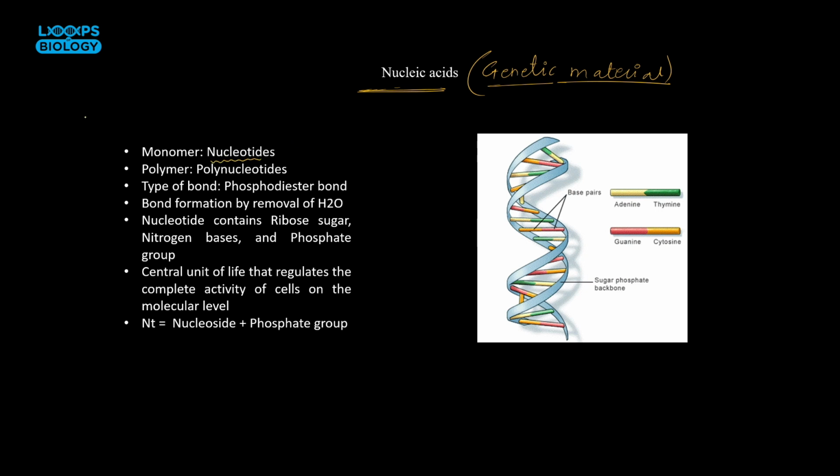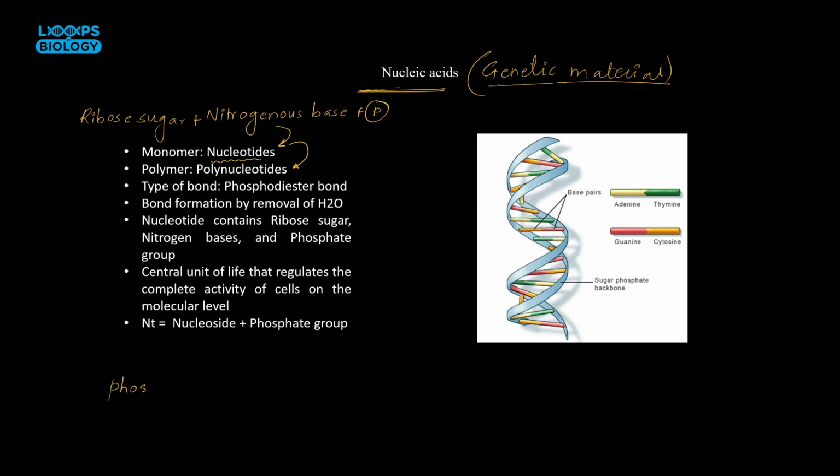And the nucleotide is comprised of ribose sugar plus nitrogenous base plus phosphate group. These three components make nucleotides, and these nucleotides are arranged in repeating units to form your polynucleotide structure. Now in this polynucleotide structure, all the nucleotides are joined by a phosphodiester bond. So there is a phosphate group as mediator.